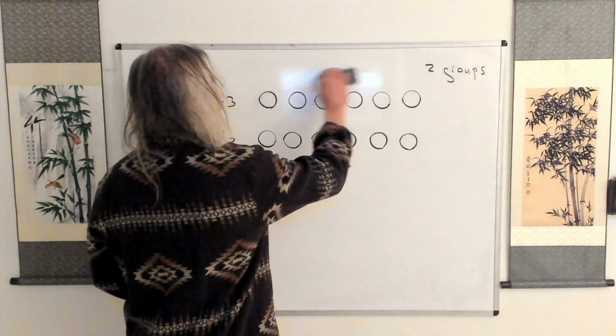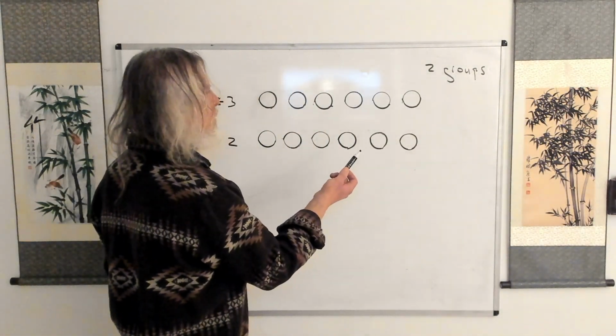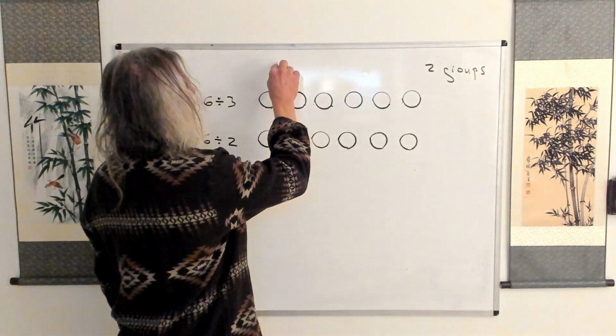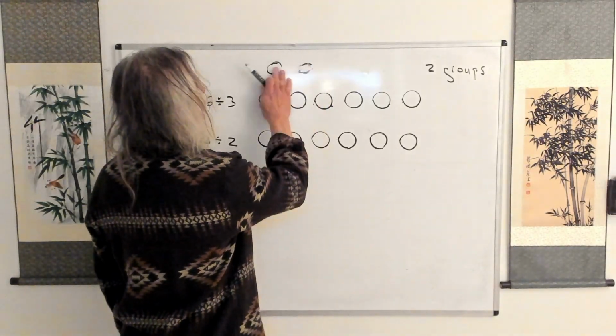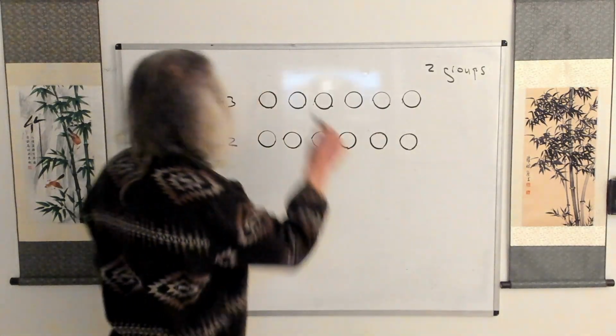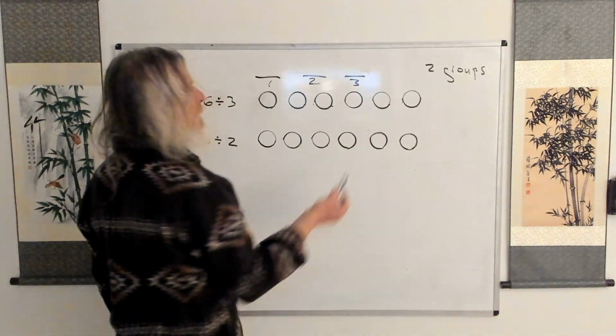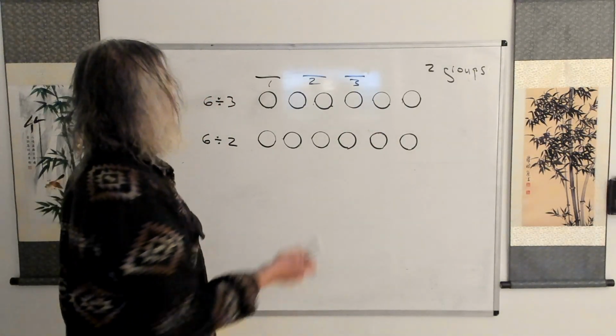Or you could look at this as we have 3 groups. You see how many things go in each group.